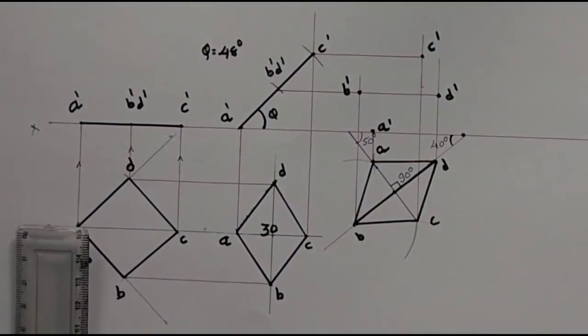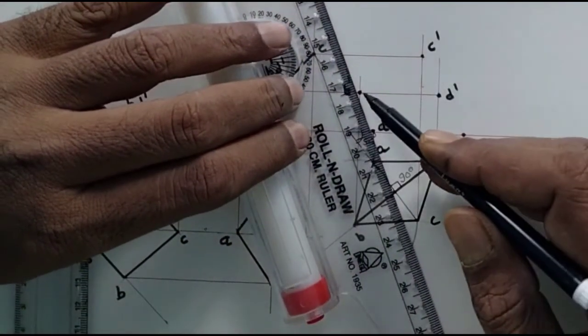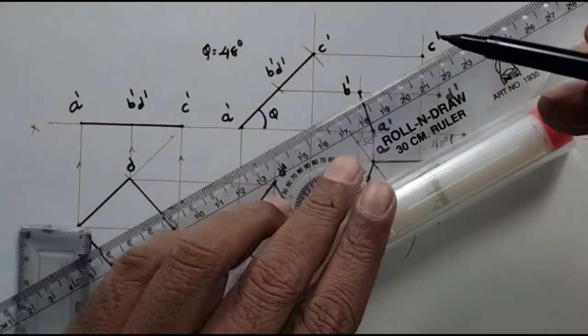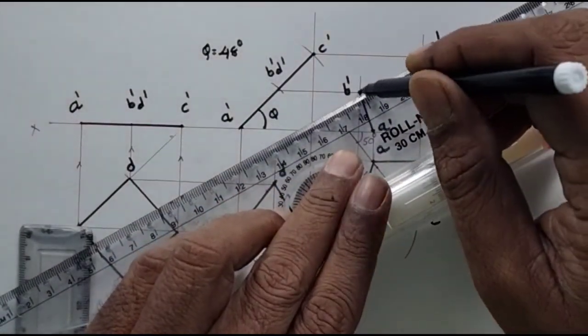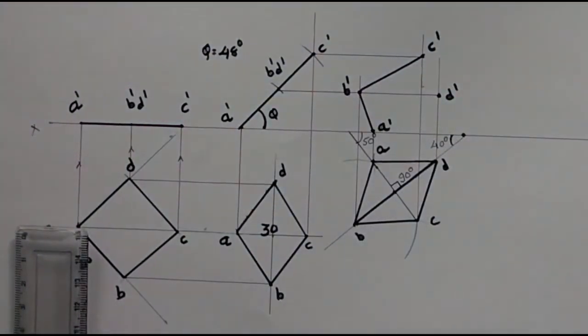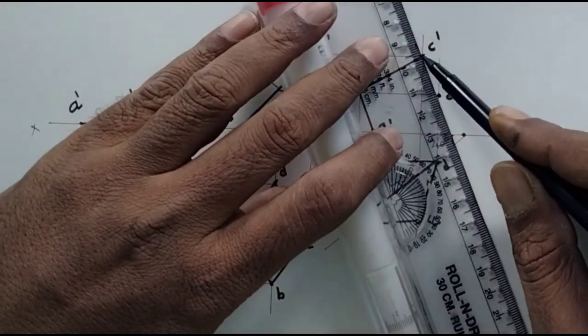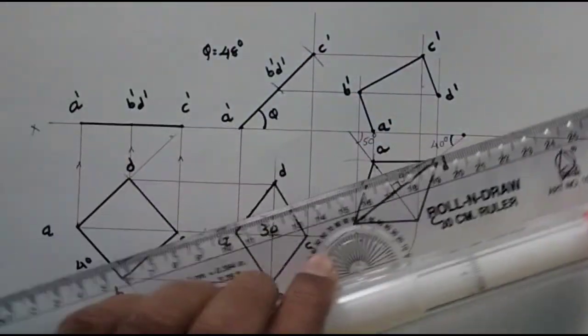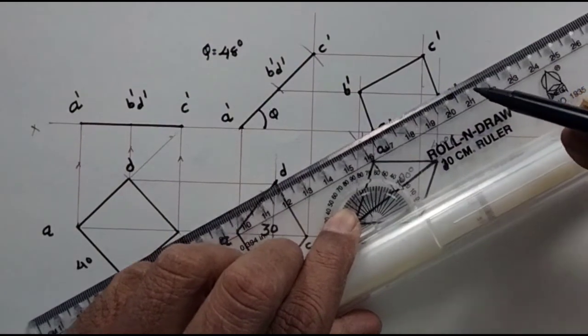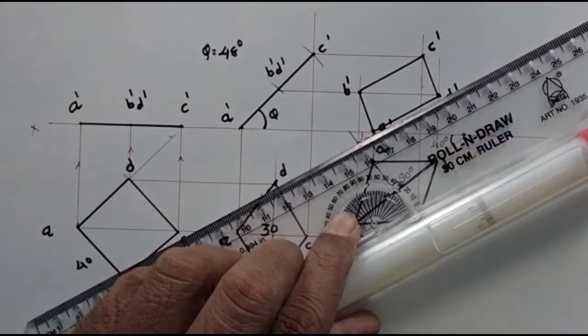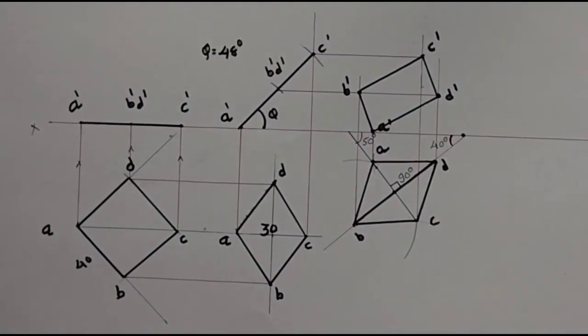Now I join all the points with a straight line: A dash, B dash, then B dash, C dash, C dash, D dash, D dash, A dash.